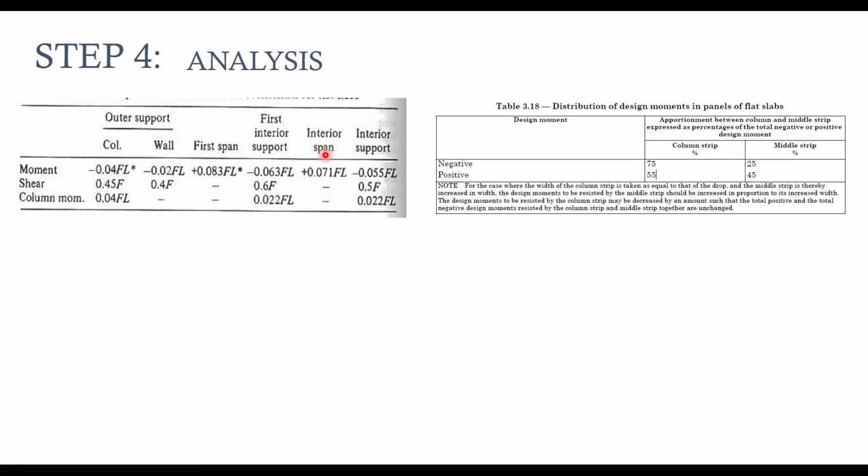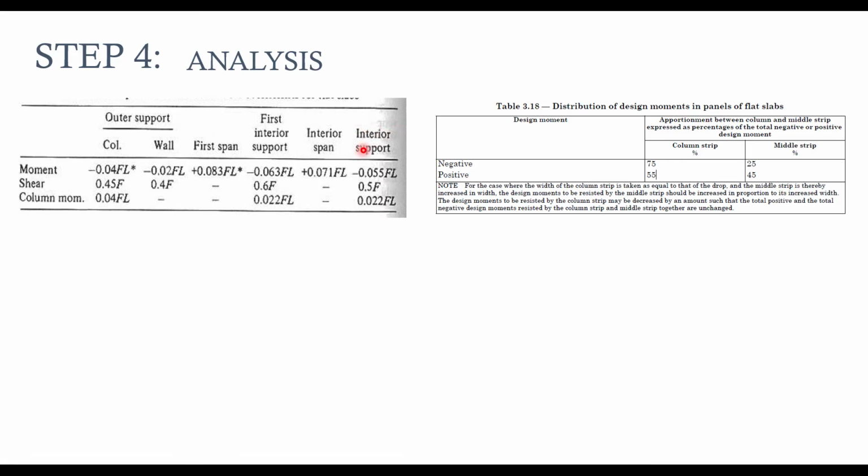The interior panel is divided into span and support. We have the span region and we have the support region. The span region is the middle strip, and the support region is considered the column strip. So for the interior span, to compute the moment, we are going to use 0.071 FL.